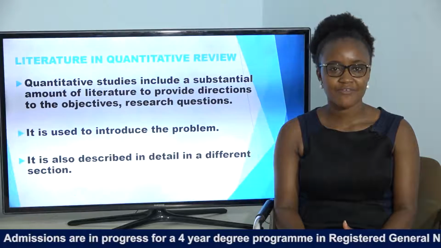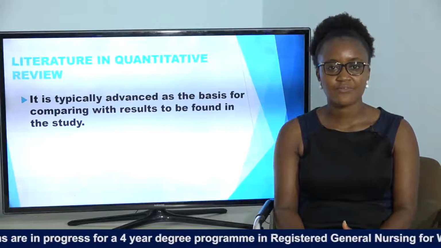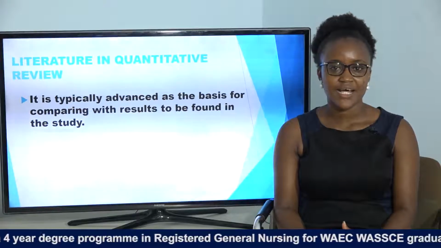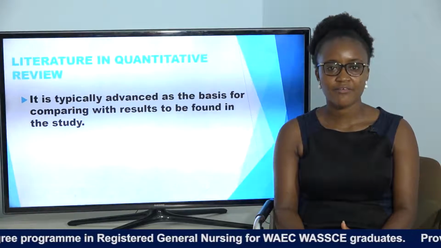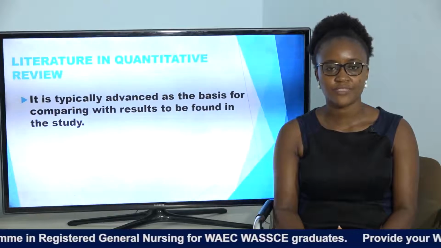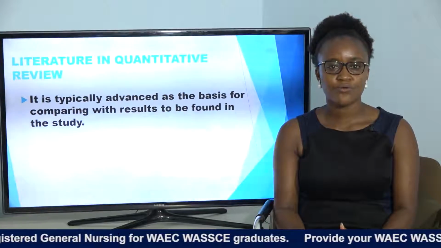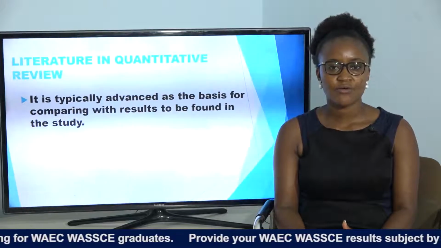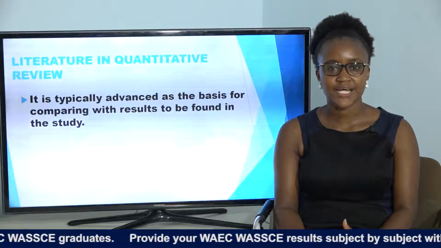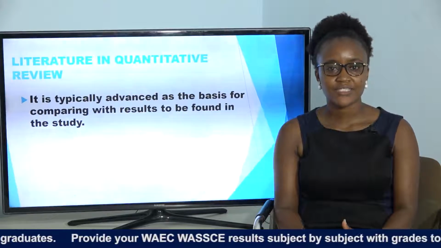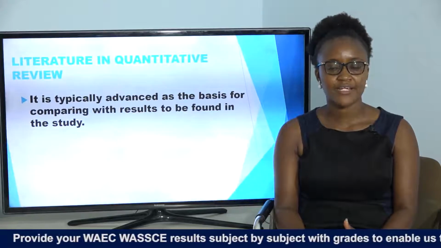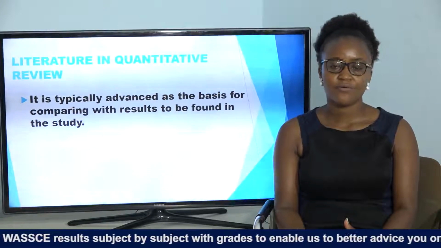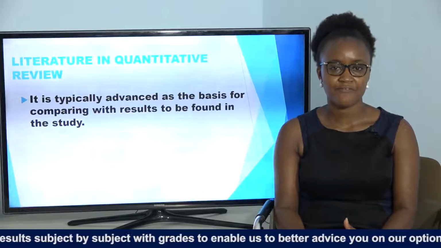It is typically advanced as the basis for comparing with results to be found in the study. So a good literature review in a quantitative study will ensure that when the results are being discussed, the researcher would have a lot of literature to disagree or to agree with his or her findings.